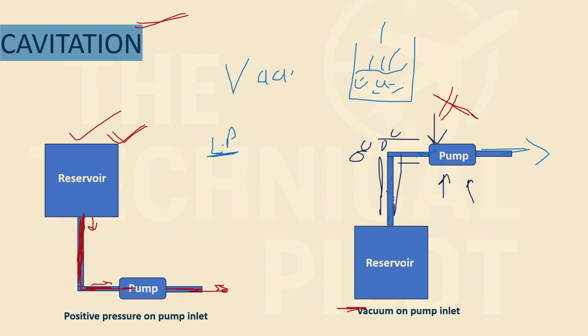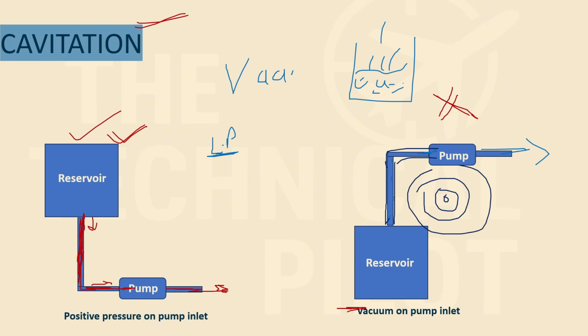When these bubbles implode, they produce a lot of shock waves, and these shock waves tend to damage the pump a lot.